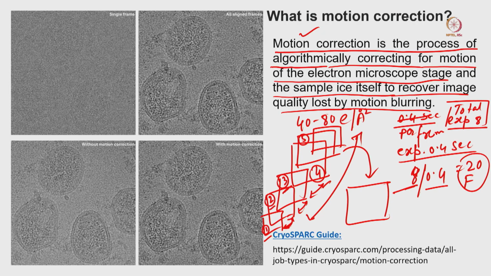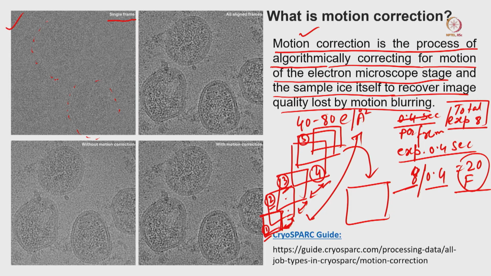So, here you can see, when I was talking about correcting 20 frames, if we consider one individual frame, you have very low intensity and low signal recorded. If you look at any individual frame, frame number 1 or 2 or 3 or 4, you will get a very low contrast image, and you can see that in this single frame we have some kind of object in this particular location, but we are not very sure what it is.